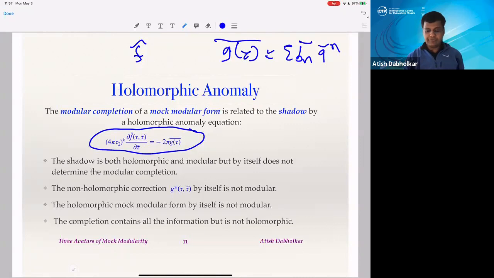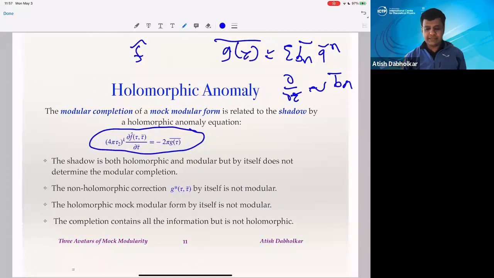And the non-holomorphic correction G star by itself is not modular. Now, from here it's clear that you can reconstruct G star, because this is a very simple equation: del by del tau bar of something. And del by del tau bar is an operator that you can invert. You can write down a kernel very easily.